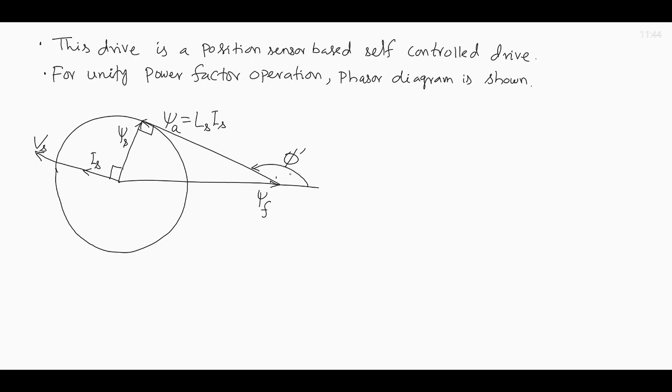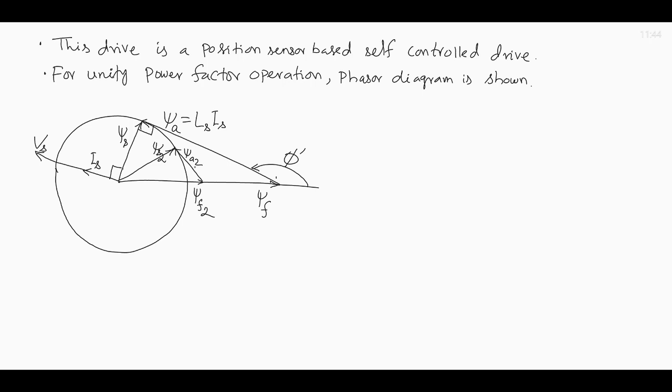Suppose at a different field flux, a different field current, this is another value of psi s, psi s 2, and the corresponding field current has to be like this, psi f 2, and this is psi a 2.